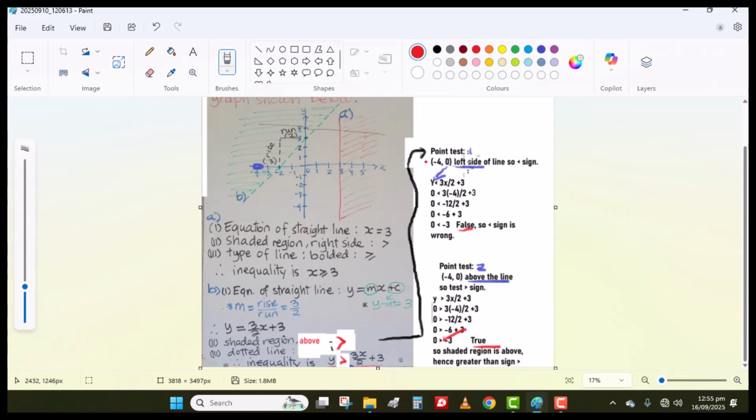So a good thing is to do a point test where you pick a point on either side of the line, on the shaded part or the unshaded part, and you plug it into the inequality that you think will work, and you check. If it's true, then the sign that you choose is the correct one.